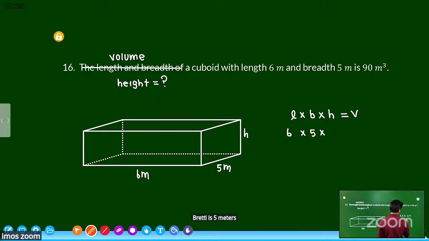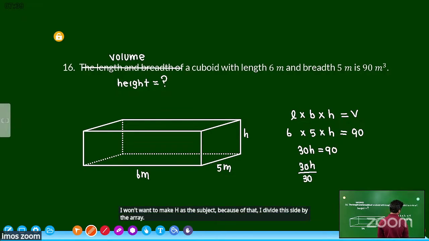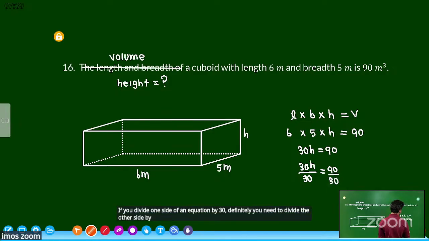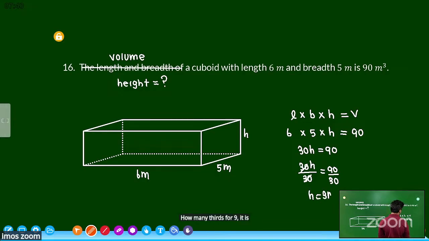So 30h is equal to 90. I want to make h the subject, so I divide this side by 30, and definitely I need to divide the other side of the equation by 30 too. How many 30s for 90? It is 3. All are meters, so the answer should be in meters.